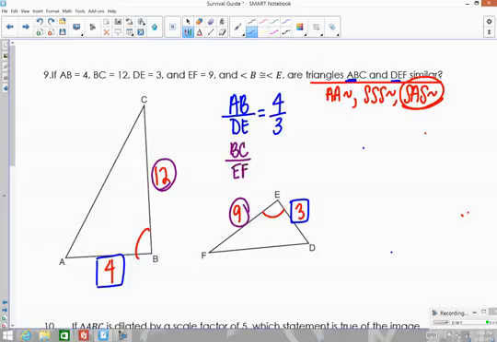And again, if you weren't sure if those correspond, you can look right here. BC and EF are in the same order. So BC is 12. Compare that to the 9. Well, that would reduce. If you divide the top and bottom by 3, it would reduce to 4 over 3. So this right here tells us that the sides are proportional.